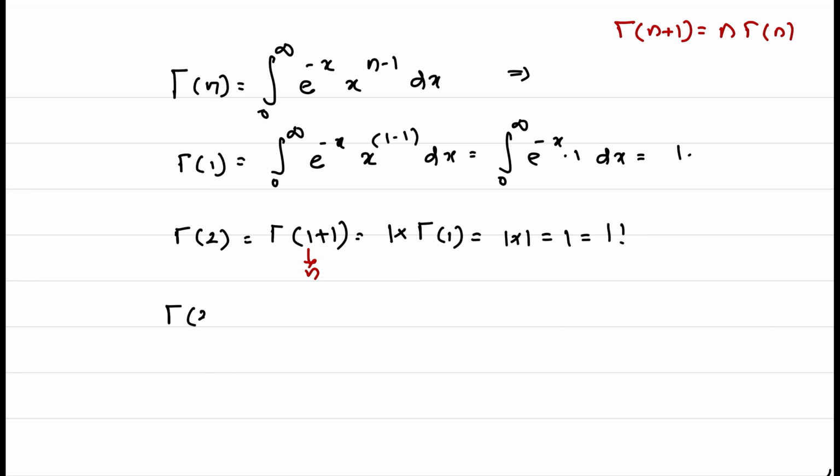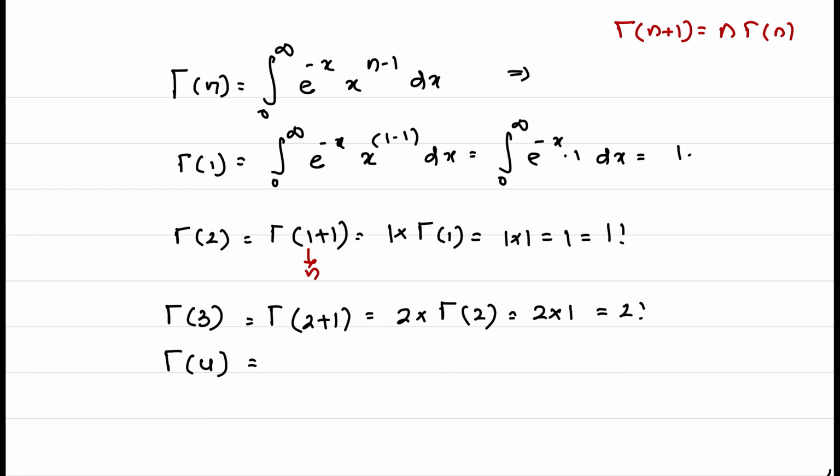What is gamma 3? Gamma 2 plus 1. 2 is n, that is equal to 2 into gamma 2. What is gamma 2 value? That is 1. That means 2 into 1, that is factorial 2. Gamma 4 is equal to gamma 3 plus 1, that is equal to 3 into gamma 3, that is equal to 3 into 2 into 1, that is factorial 3.